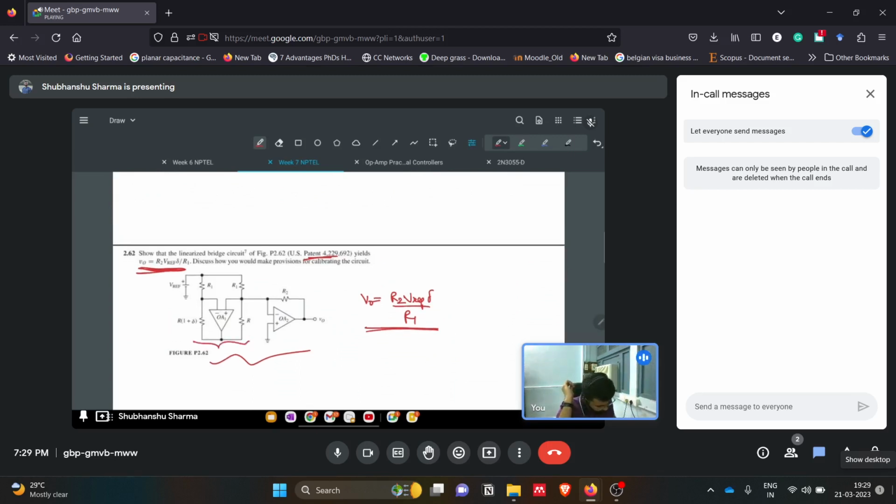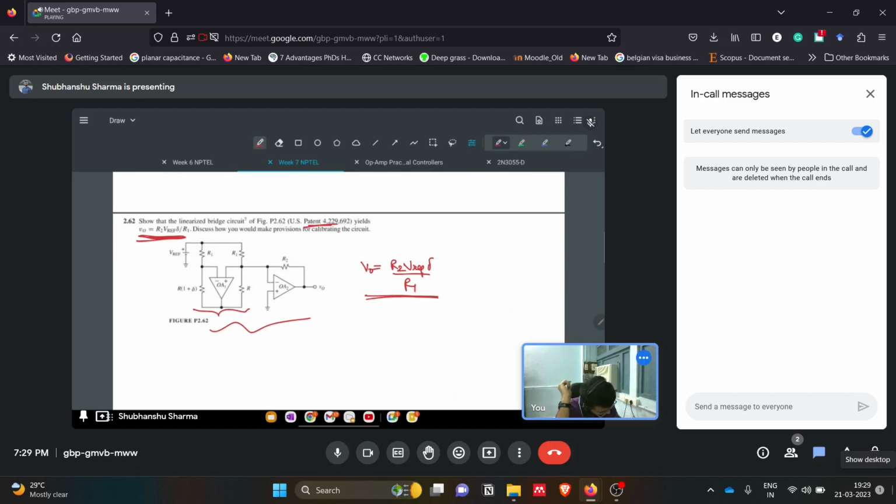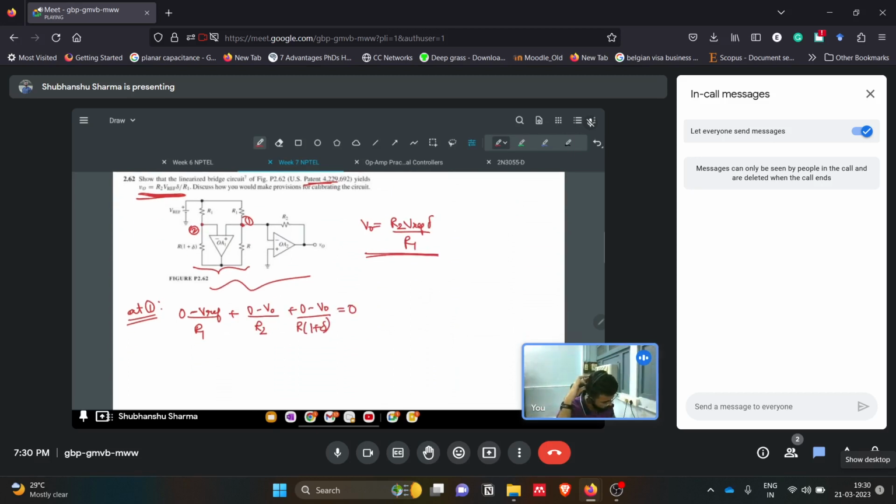Let's say this is node 1, this is node 2. At node 1, we have 0 minus Vref by R1 plus 0 minus V naught by R2 plus 0 minus V naught 1 upon R1 plus delta equals 0.